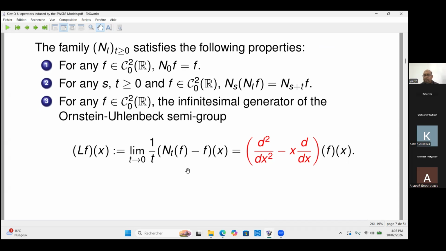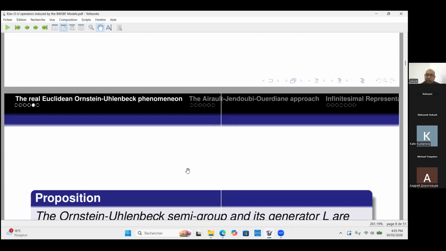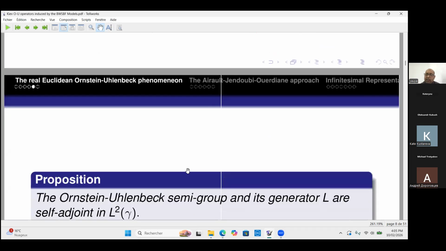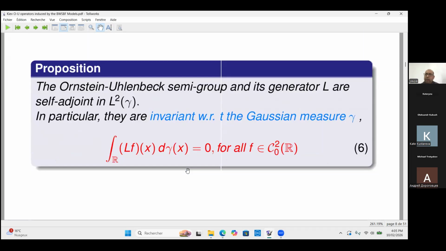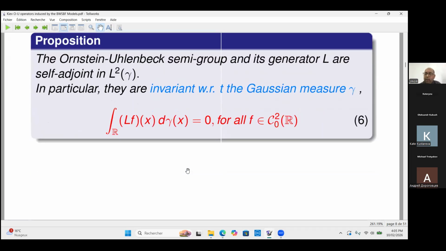Many investigations in physics or in stochastic analysis relate to the Ornstein-Uhlenbeck semigroup, which is symmetric, and also its generator. In particular, it is invariant and has the standard Gaussian measure as stationary distribution.